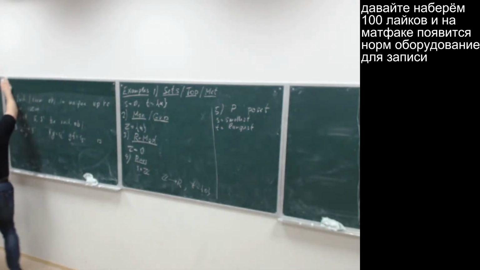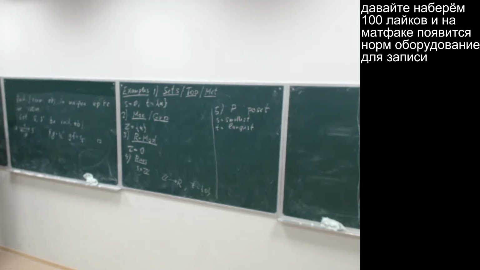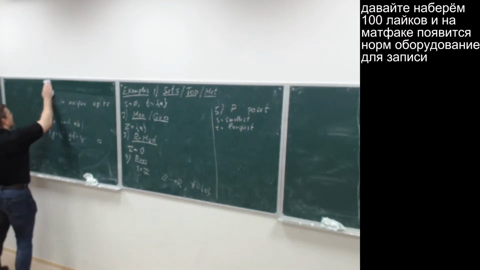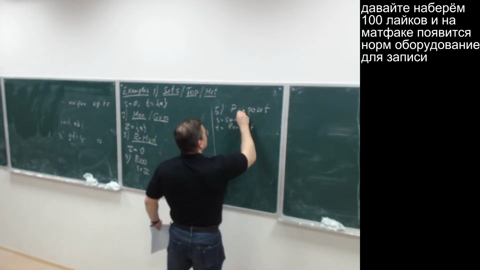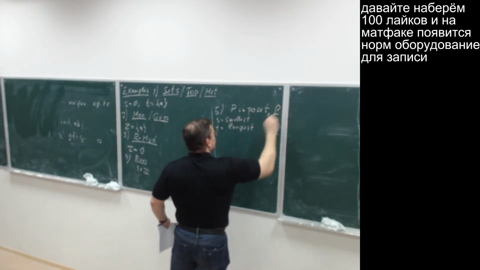What are objects in this category? Elements of the poset. P is fixed, and we consider this as a category, the category P underlined.